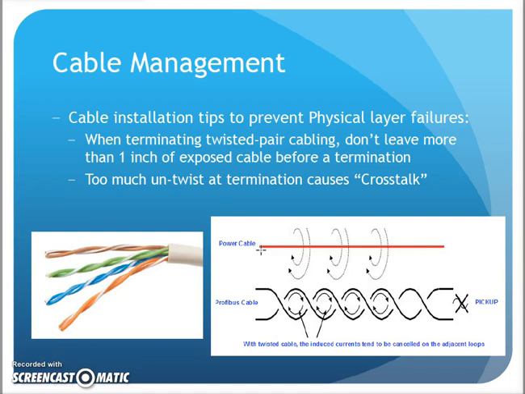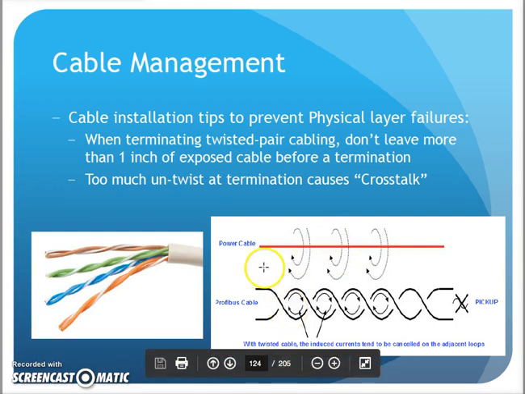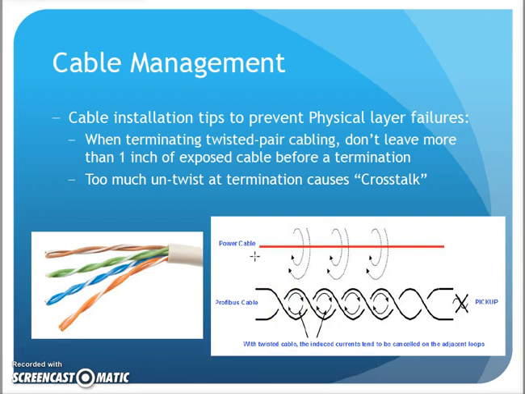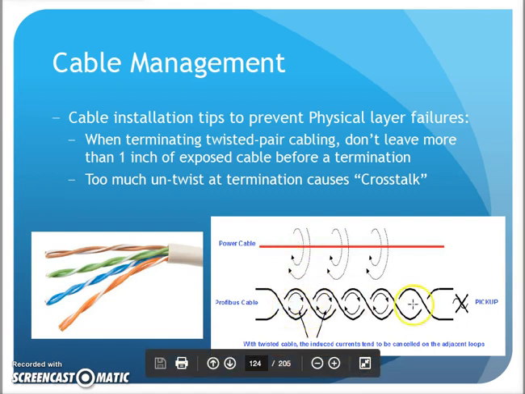So if I take those two concepts, moving electricity through a wire produces a magnetic field, and moving a magnetic field by a coil of wire tries to get electricity to move, those two phenomena happen when I have a power cord near a data cable. The magnetic field produced around this power cable is trying to grab the electrons in the data cable and move them.